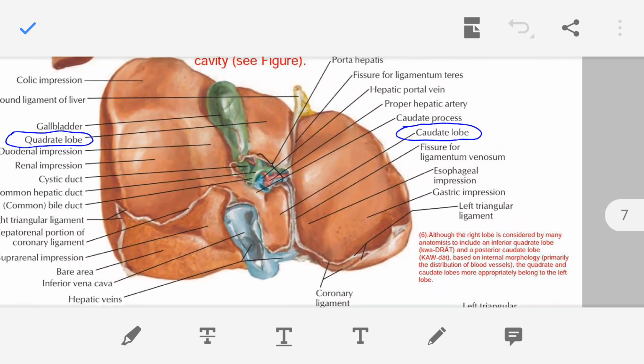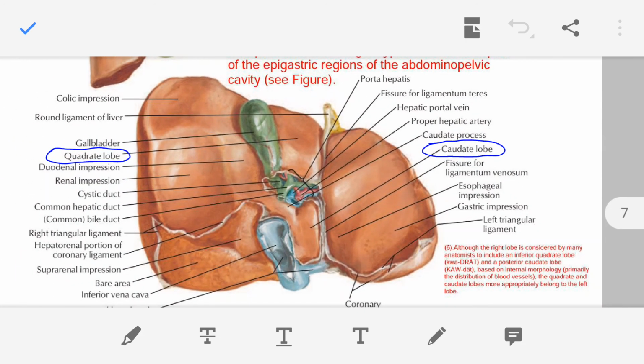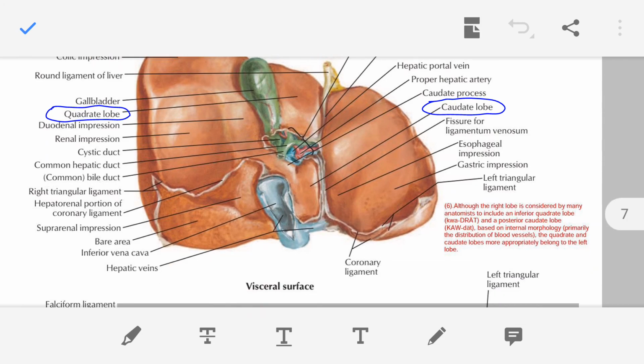So now once again you observe these two lobes, quadrate and caudate lobe. So we are discussing this point.